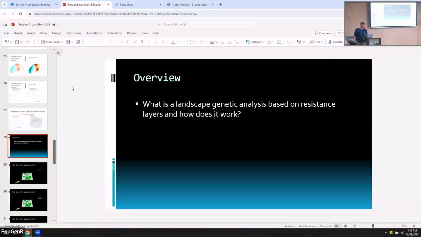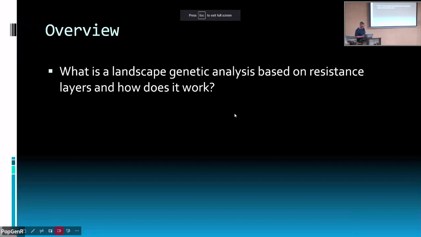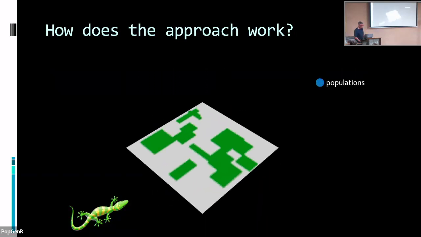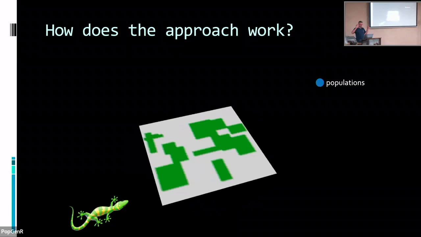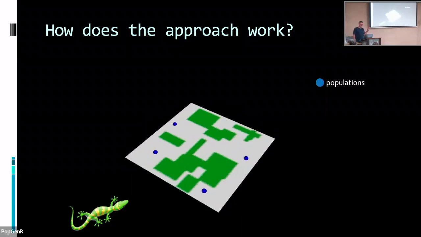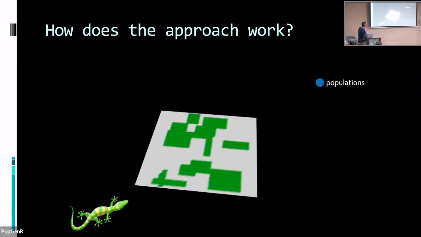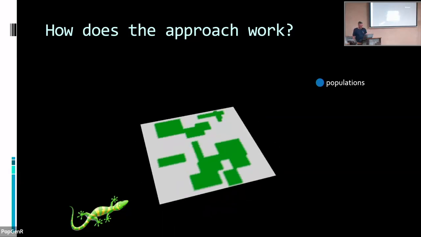I think it's time for some cool animation. It's called isolation by resistance. And what's the idea about that? The idea is the following. Think about a landscape and populations.